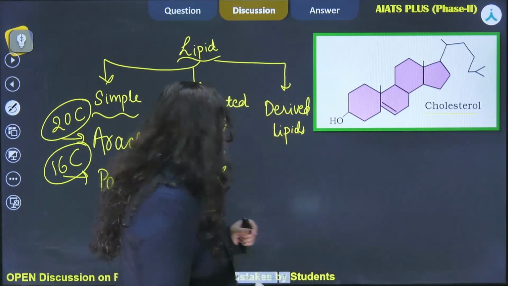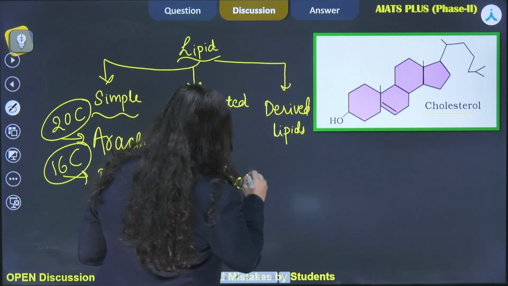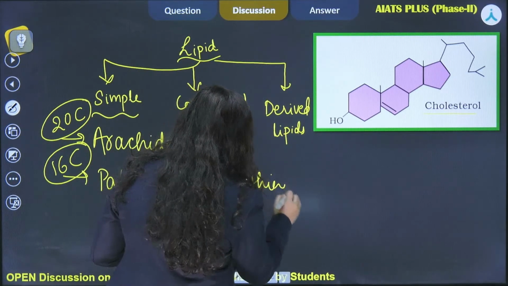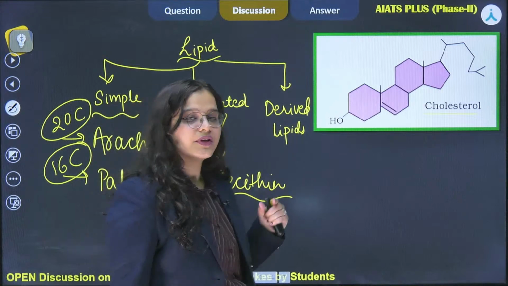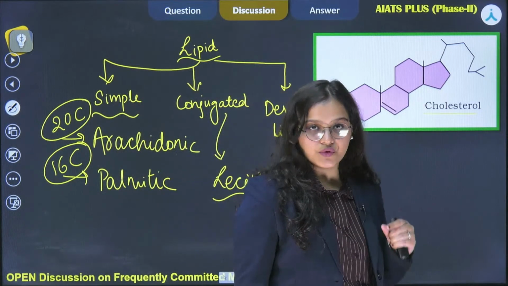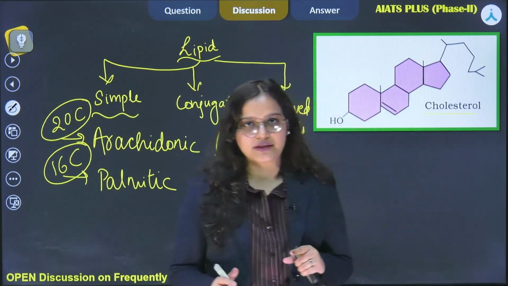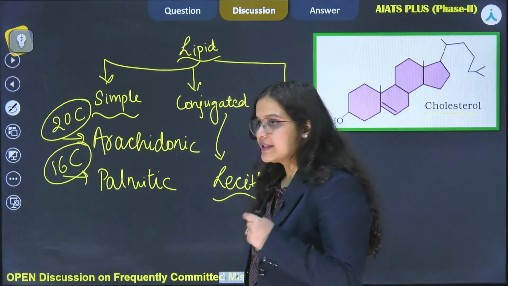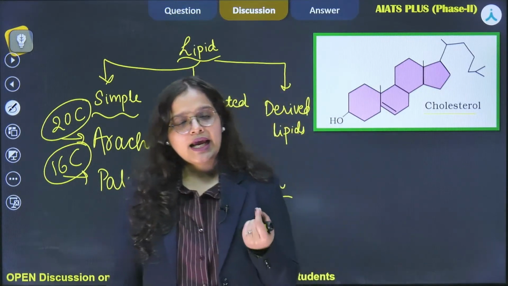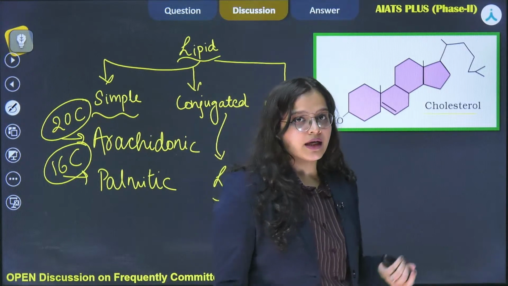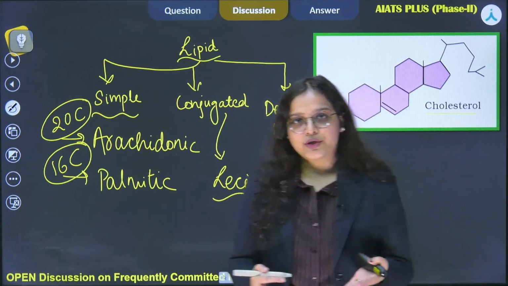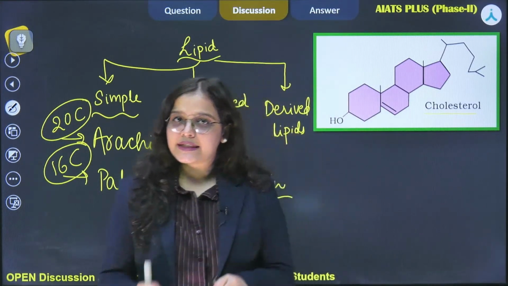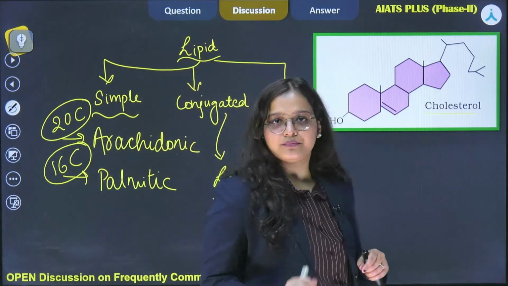For instance, the example that we have here is lecithin. In lecithin, we have the fatty acid in which phosphorus is present. The example of lecithin is given in the NCERT, and you can be asked whether it is a conjugated lipid or not. So it is a conjugated lipid, all right.